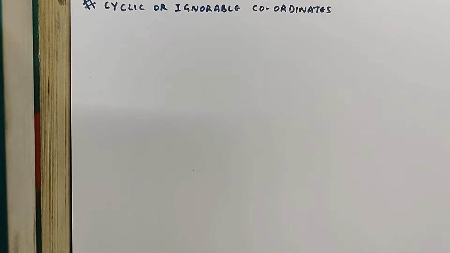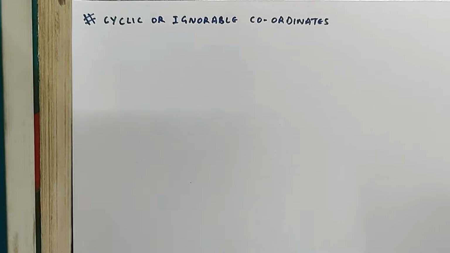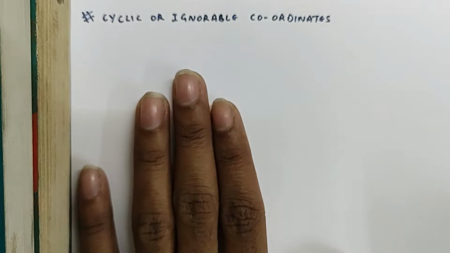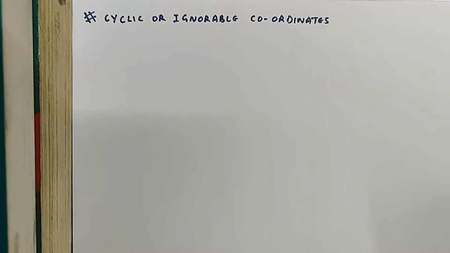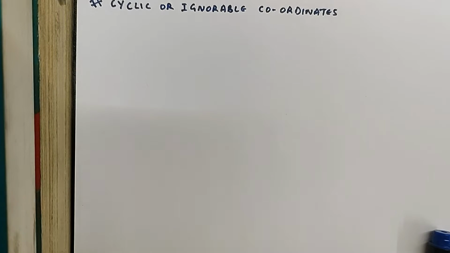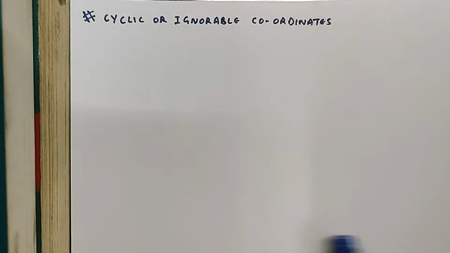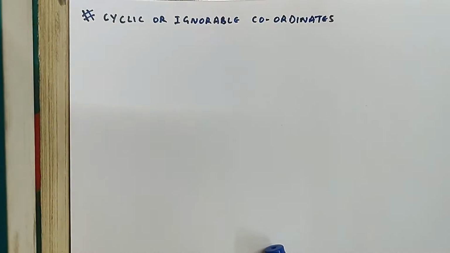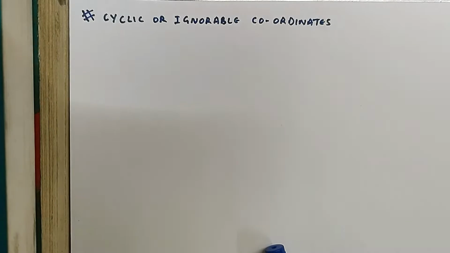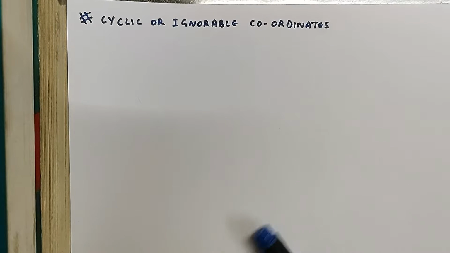Now we are going to see what are called cyclic or ignorable coordinates, and what it means to have this kind of simplification. How will this simplification help us further review our topics, so we can see how we are going to express our expressions rather than getting into a vicious cycle of remaining inside an equation.